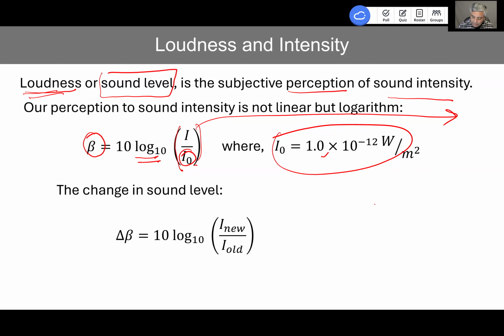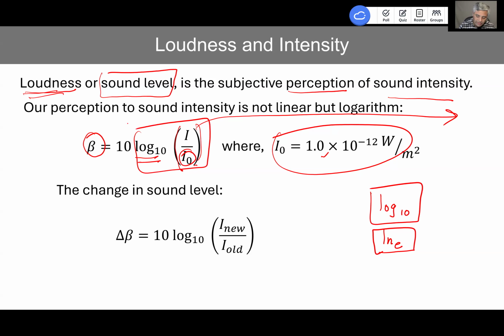But there are two kinds of log. One is written as log, which has a base 10, and another one is usually written as ln, which has a base e. In this case, while calculating this, you want to make sure that you are using the log with base 10.